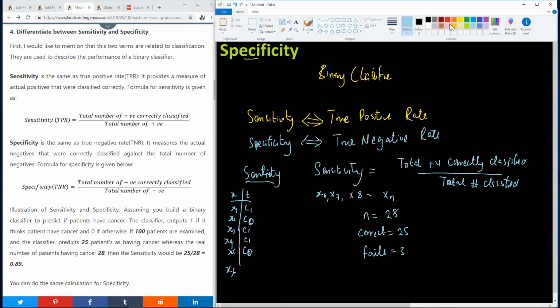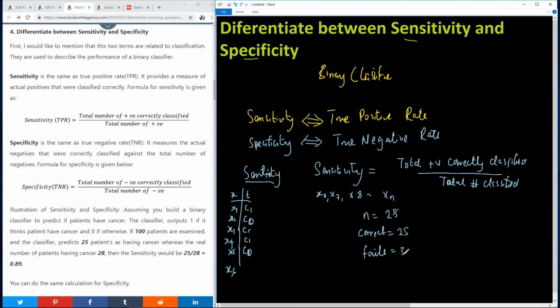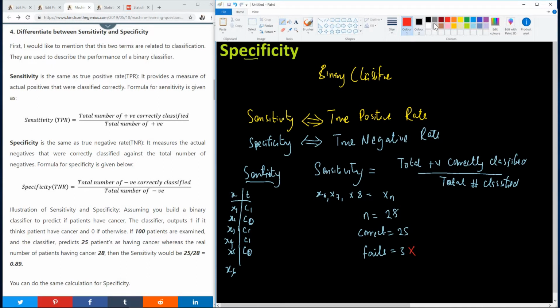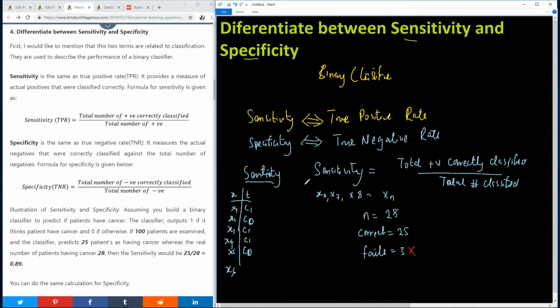So this 3 that it fails to classify is a penalty for your classifier. Therefore, the performance of this classifier in terms of sensitivity will be 25 correct classifications over total classifications, and that will give us 0.89.